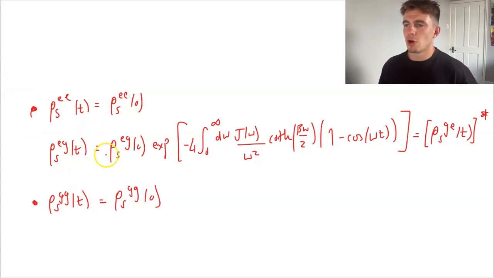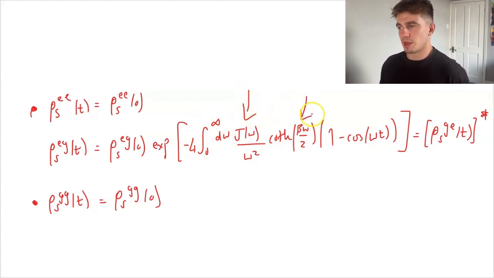And then the off-diagonal elements are again proportional to their initial values, and then they have this exponential, which is some sort of decay and oscillation, which depends on the spectral density of the bath and the temperature of the bath. And then because of the way the density matrix works, we only need to calculate one of these off-diagonal elements, and then the other one is just its complex conjugate.